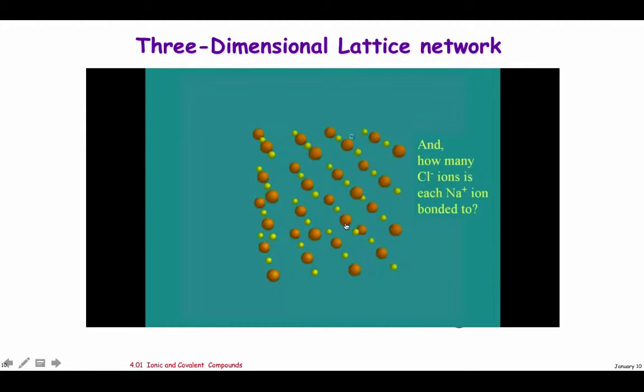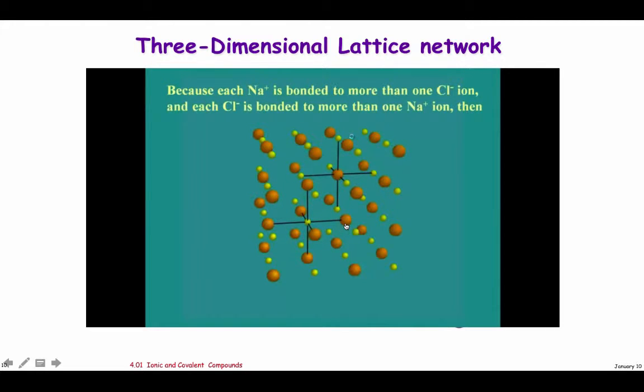If we ask the same question of sodium, how many chloride ions can it bond to? Well, again, there are 6 chloride ions that it's equidistant to, and therefore the sodium ion also bonds to 6 chloride ions. So as you go throughout the crystal, you can see that is always the case.